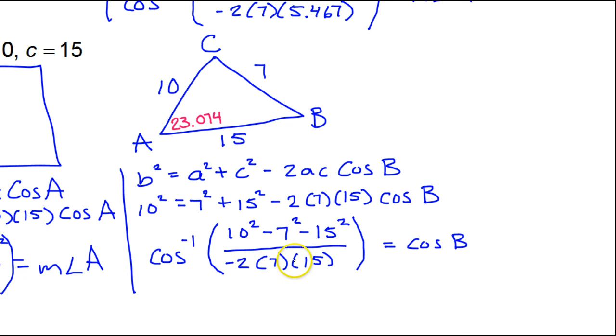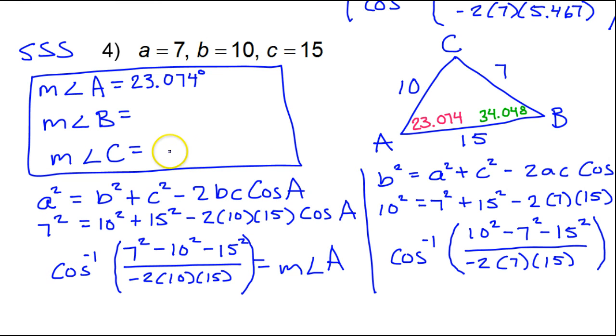So I'm going to do the inverse cosine of this entire expression, and when I do, that's going to give me the measure of angle B. So go ahead and put this entire expression in your calculator all at once and find the measure of angle B. So I am getting 34.048 degrees.